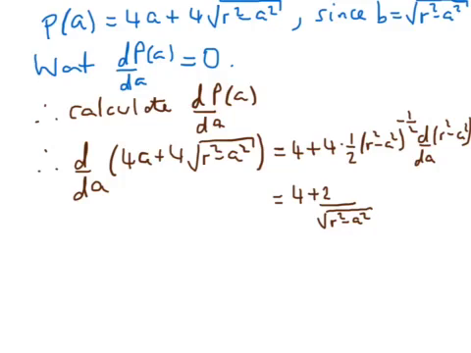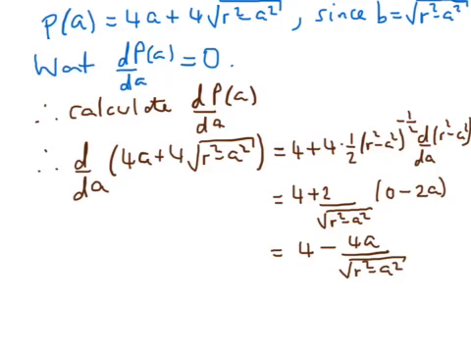And then the derivative with respect to a of r squared minus a squared is going to be 0 from the first term minus 2a. So therefore, tidying this up, we have 4 minus, putting the minus sign out front, 2 times 2 is 4a, over the square root of r squared minus a squared.